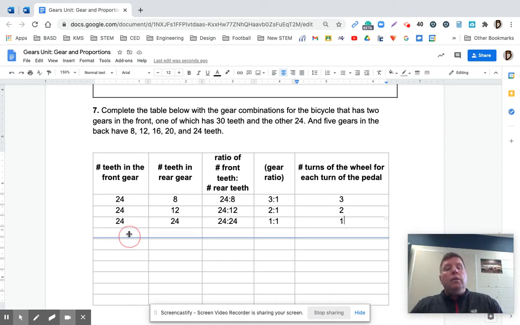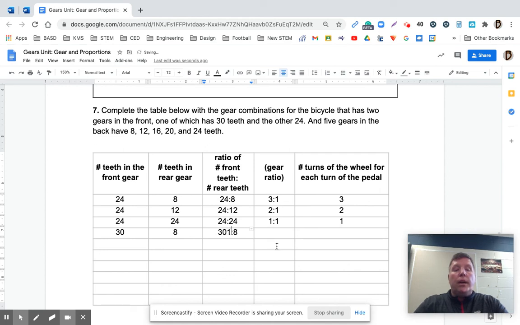Let's do one that's a little bit different, a little bit odd. Let's go to 30, and I put down 8. That's one of my potential combinations. So it's 30 to 8, or in its simplest form, I want to pick a number that would be divisible by 2, the highest common denominator. All right, so let's try 2. 2 goes into 30 15 times.